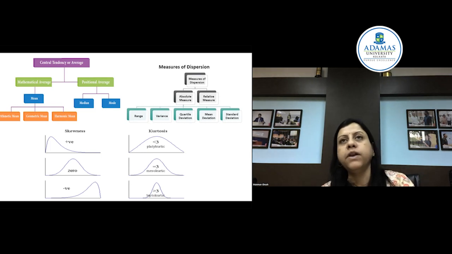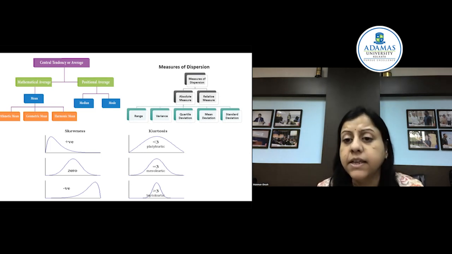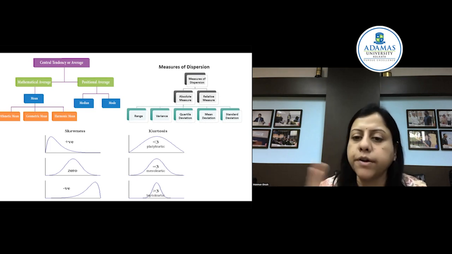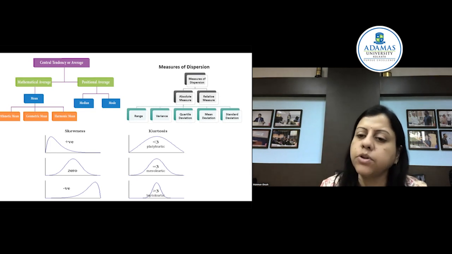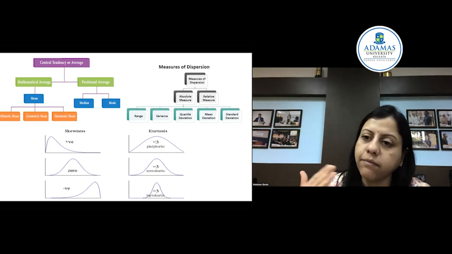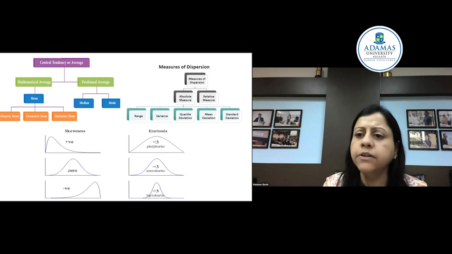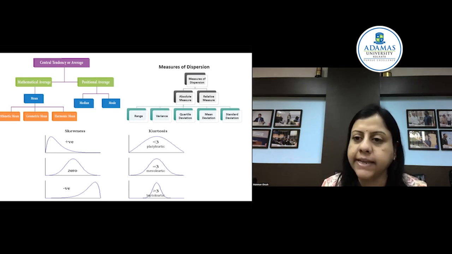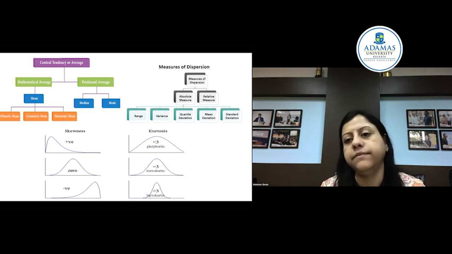We also describe the data using measures of dispersion. Although there are a lot of measures of dispersion, the 2 or 3 that we very widely use to describe our data in descriptive statistics are variance, range, and standard deviation.